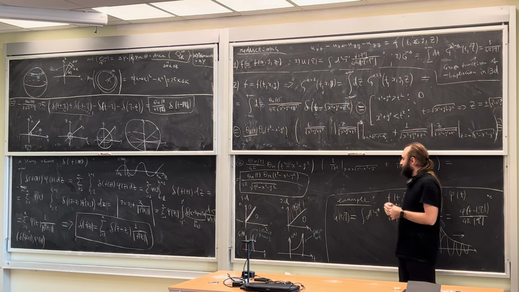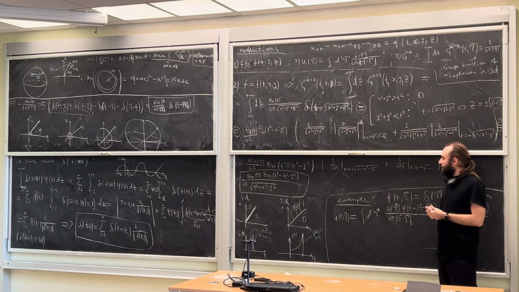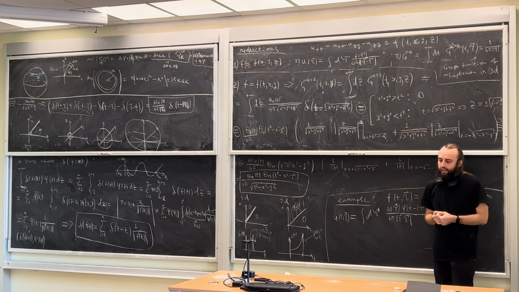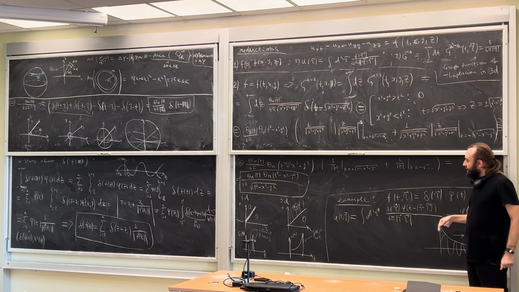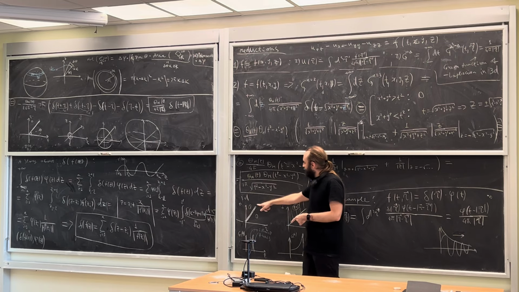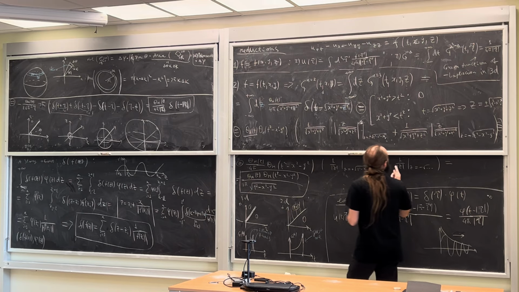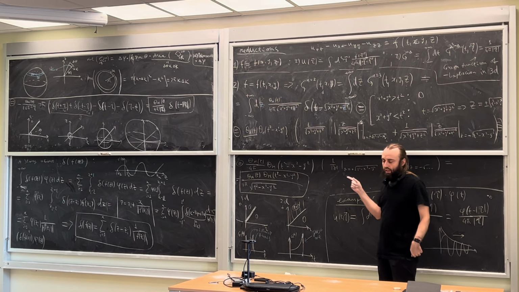So this 1 over t decay would mean quite slow decay. And the situation is the same for all even dimensions and all odd dimensions. So in a sense, this one-dimensional case was an exception.